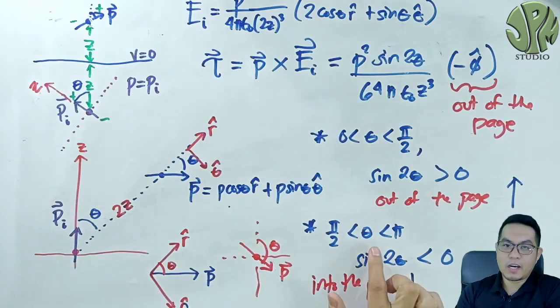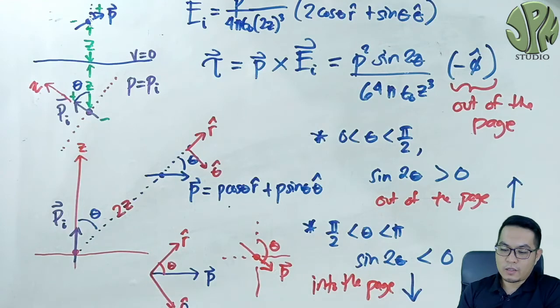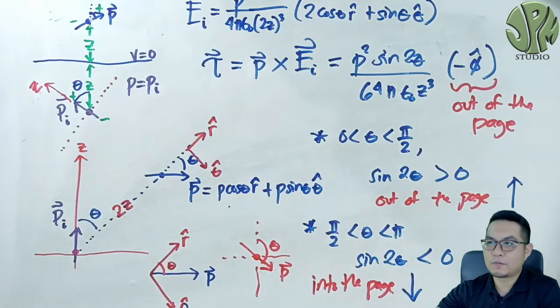But in the scenario where the angle theta is between 90 degrees to 180 degrees, then the torque will be into the page. And hence, the final direction of the dipole will be downward. Okay, so that is for example number 3.